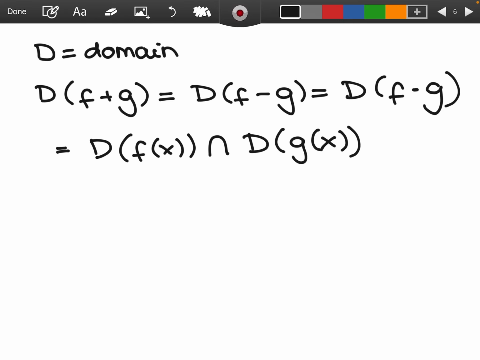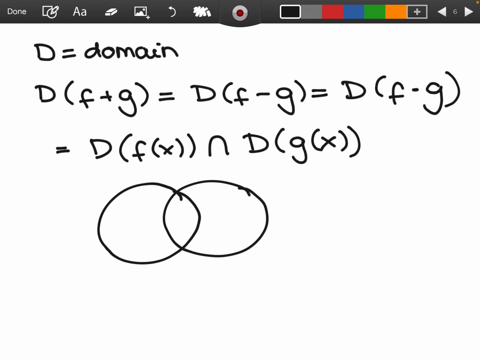I look at where f of x is defined, I look at where g of x is defined, and then I take where those two sets overlap. I'm looking at the intersection. So if this is the domain of f of x, and this is the domain of g of x, then the domain of f plus g, f minus g, or f times g is just all points that exist in both sets. So it's any points where they overlap.